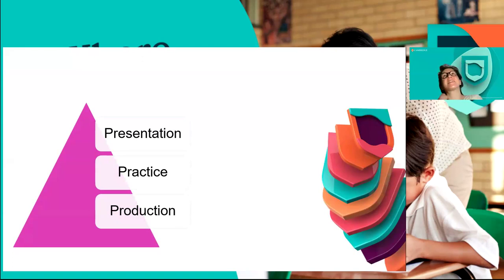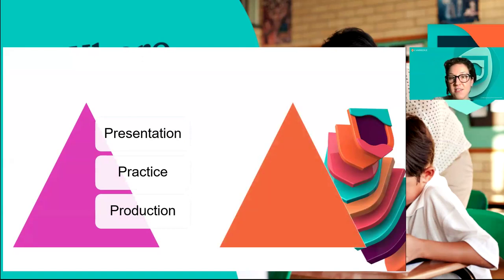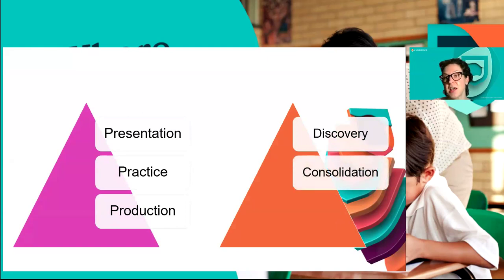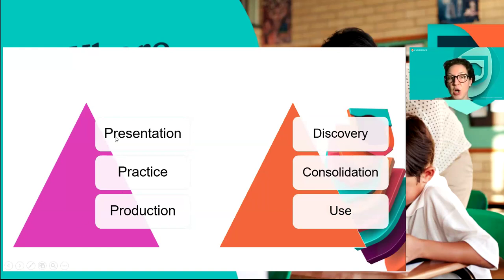This is the idea coming from the 70s, 80s, and we are now talking more about discovery, consolidation, and use. So what is the difference? Instead of presenting new vocabulary, we let students discover new vocabulary, make their own assumptions, notice the language, notice the spelling, see how it works.